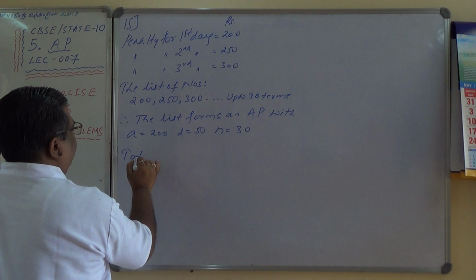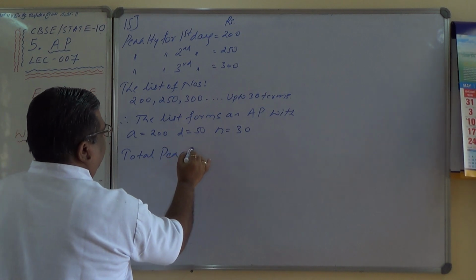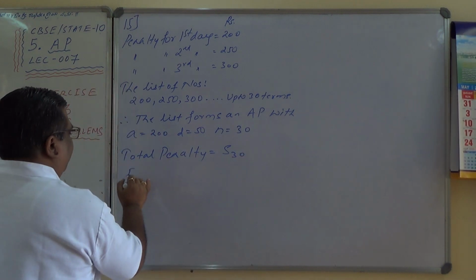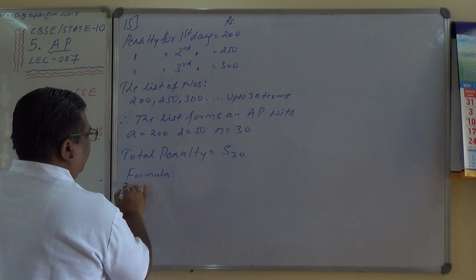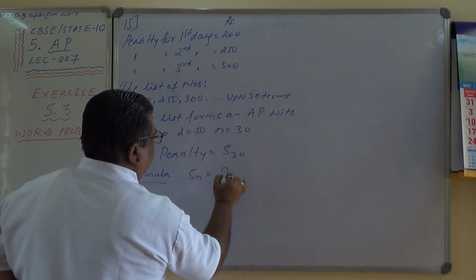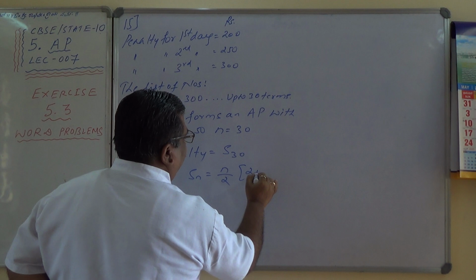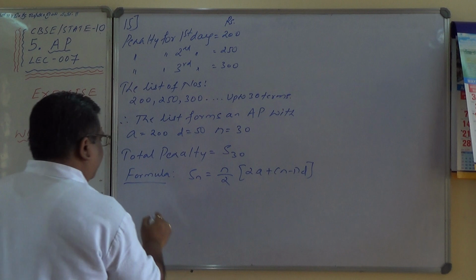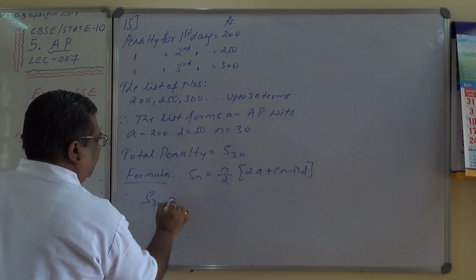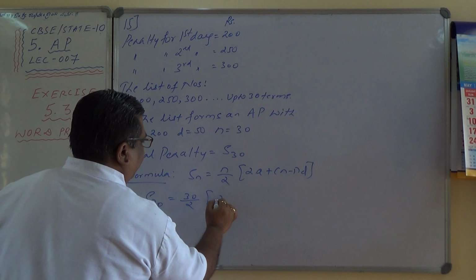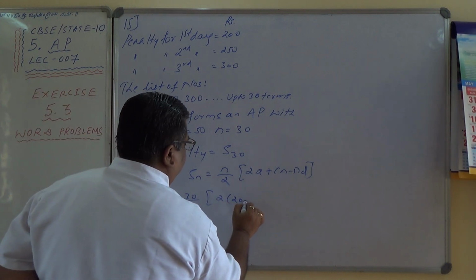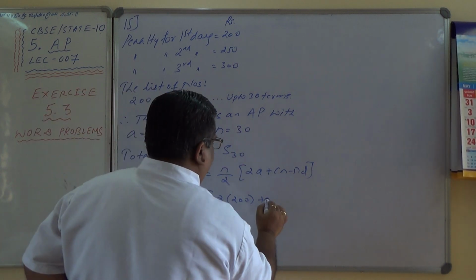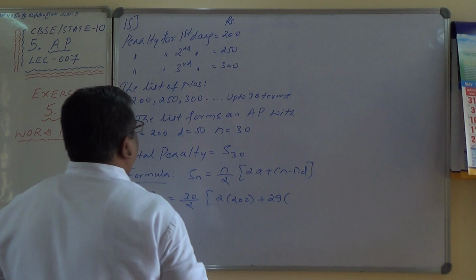Therefore total penalty is S30. The formula used is Sn equals n by 2 into bracket 2a plus n minus 1 into d, and therefore S30 is equal to 30 by 2 into bracket 2 times a, which is 200, plus n minus 1, which is 30 minus 1 is 29, into d, which is 50 here.